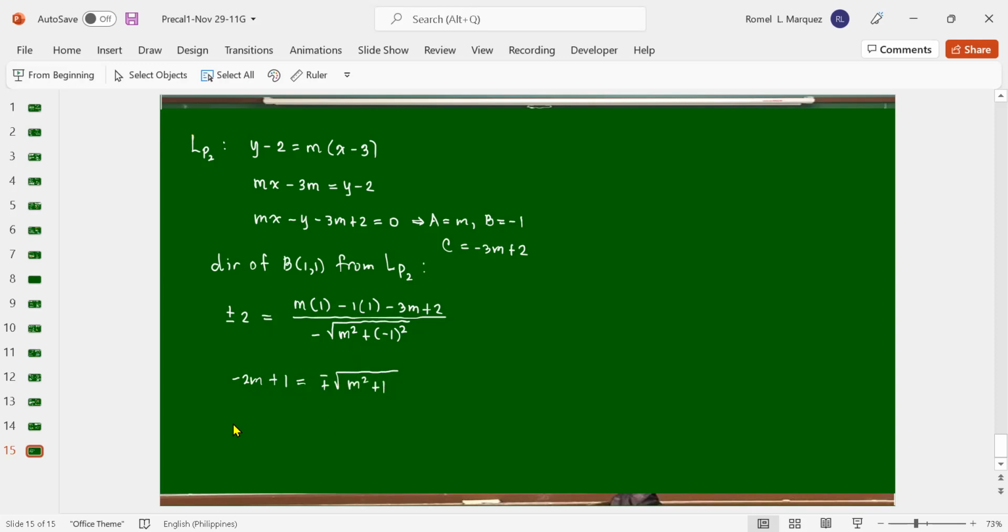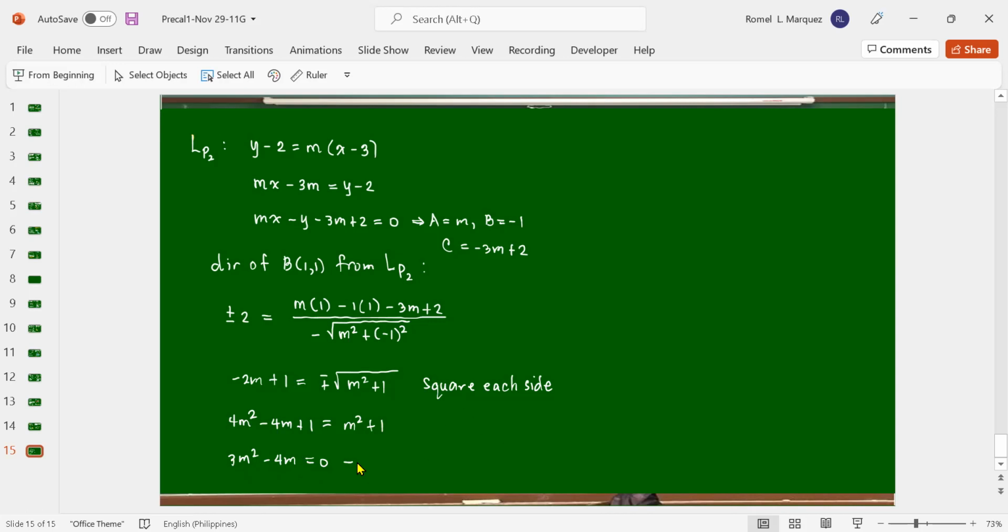Let's square each side of this equation to get 4m squared minus 4m plus 1. So no more radical here. And that is simply m squared plus 1. So getting 3m squared minus 4m equals 0. Am I right, guys?